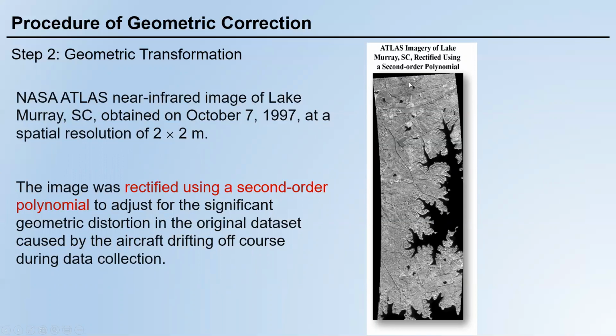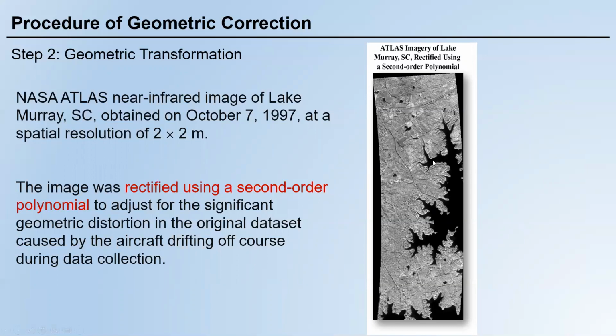You can see the shape of this image is not a rectangle. It's actually a curve, right? It's an arc that fits the shape of the satellite orbit. It should be a curve instead of a straight line.